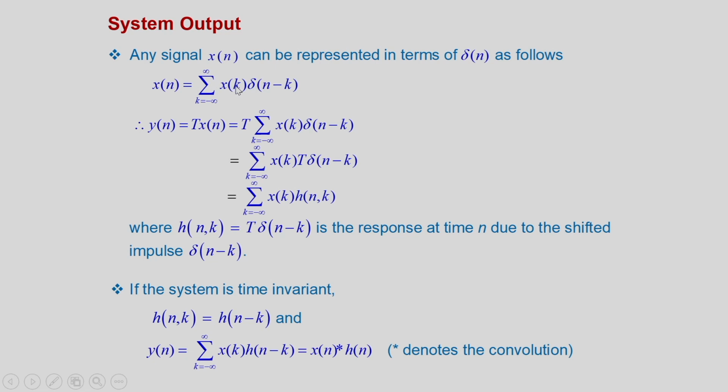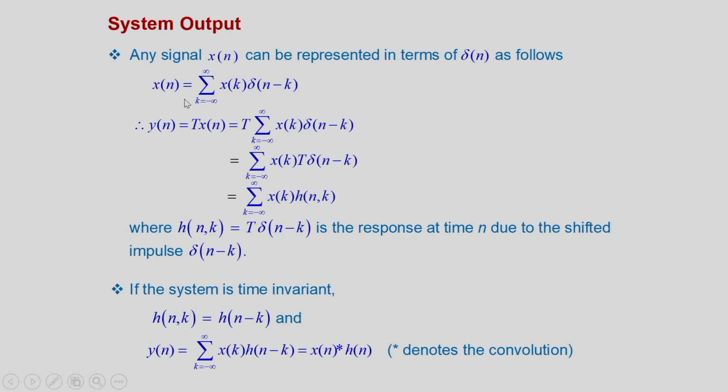Because when we put k equal to n, delta[n-n] = delta[0] is equal to 1, the right-hand side will be x[n] only. For the remaining values of n, delta[n-k] becomes 0. So x[n] can be represented in terms of this infinite sum.